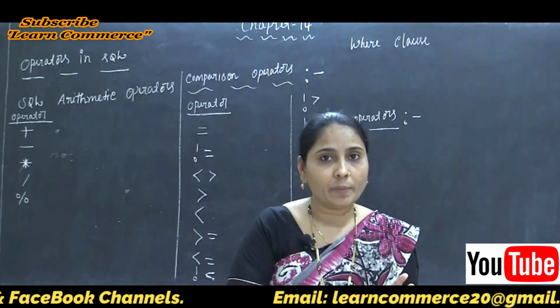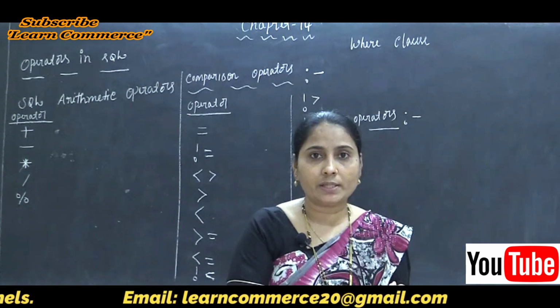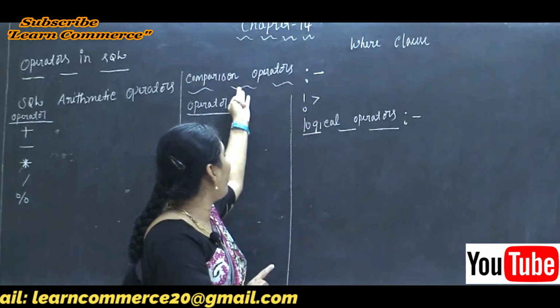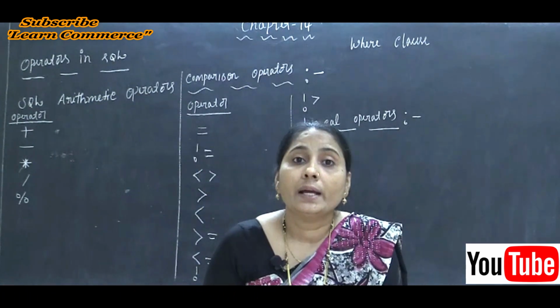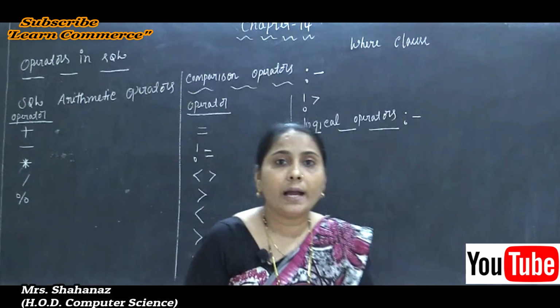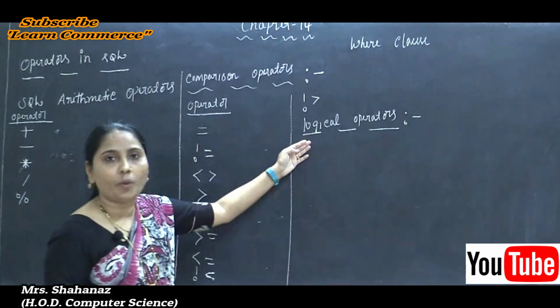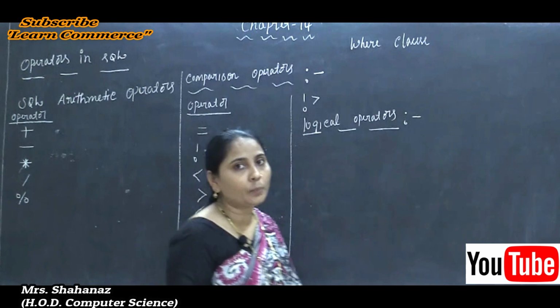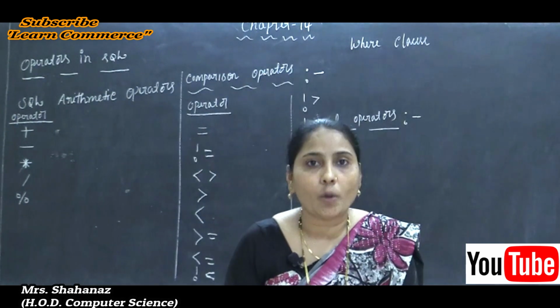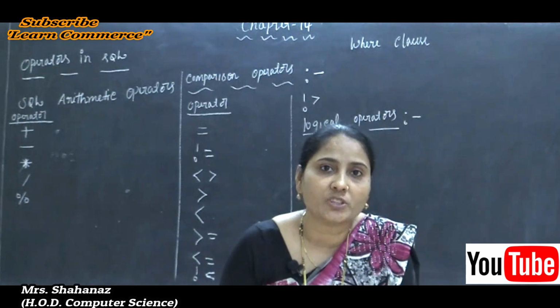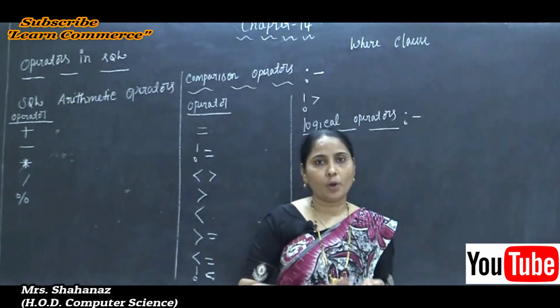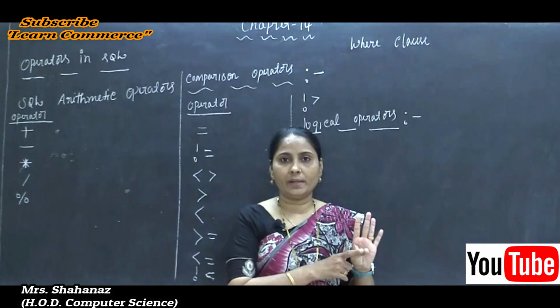The second one is called the comparison operators, which are also called relational operators, and also the logical operators here. And the fourth point we can say is the operator used to negate the condition. Clear this point here? So the types of operators in SQL: arithmetic operators.